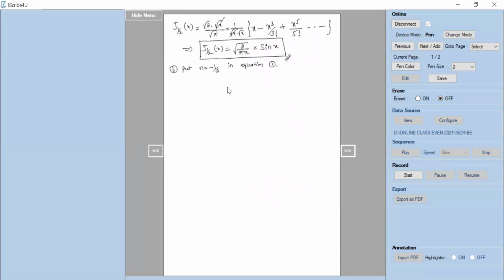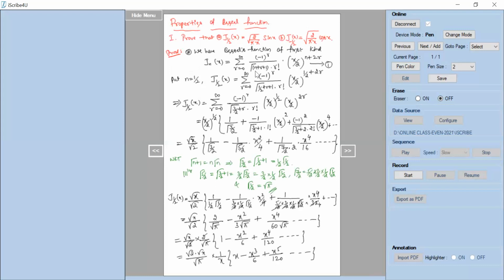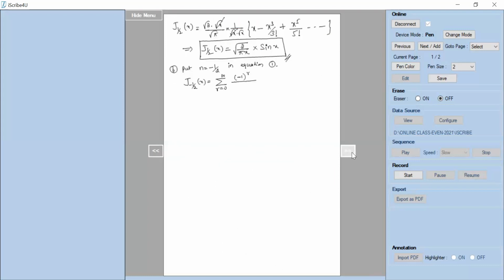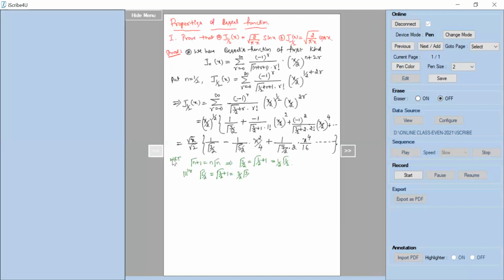So if I put n is equal to minus half, you get j of minus 1 by 2 of x equals sigma r is equal to 0 to infinity, minus 1 whole power r divided by gamma of n plus r plus 1, where n is minus half now, so gamma of minus half plus r plus 1, into r factorial, into x by 2 whole raised to the power of n plus 2r, which is minus 1 by 2 plus 2r.